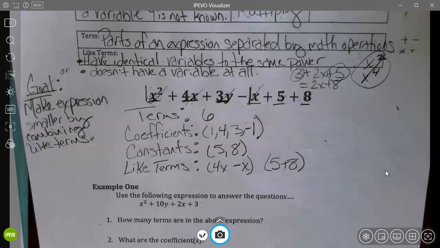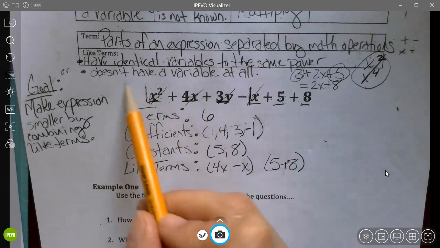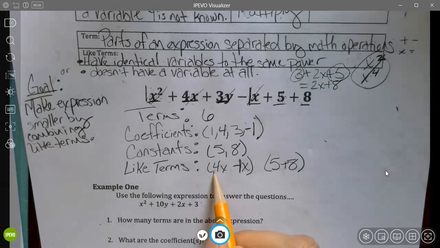I could combine this. If I have 4x and 1x, because remember, if I don't have a number in front of it, I can put a 1. 4 minus 1 is going to be 3, and then my x just stays the same.